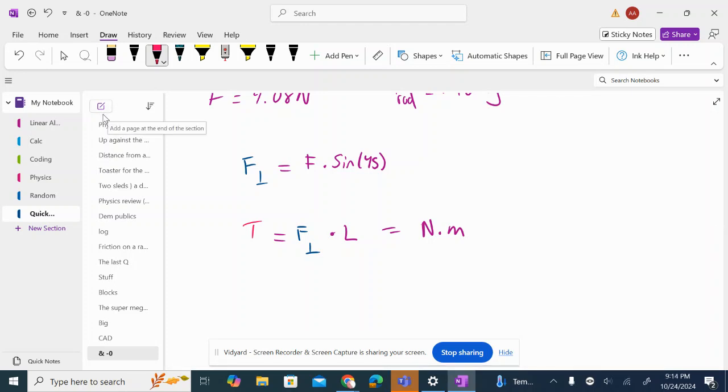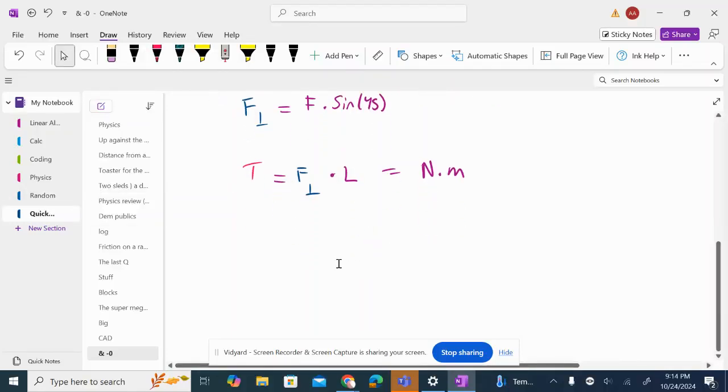Now, the next thing that we need to find is the moment of inertia. Remember, our moment of inertia is very important because it is how much an object will resist torque, okay? So the total moment of inertia for this system includes contributions from both parts of the rocket.